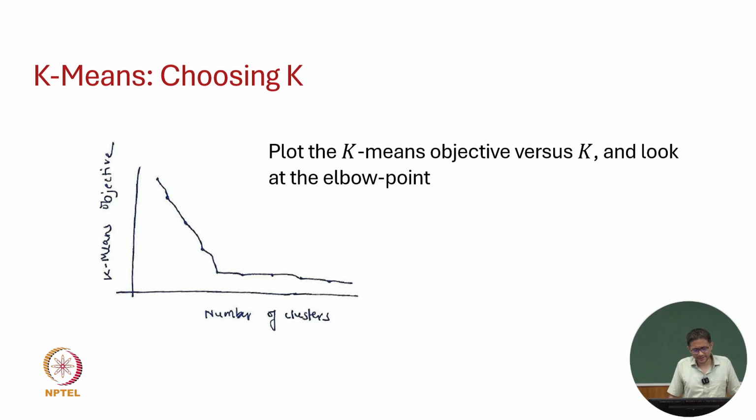One very popular approach is to plot the k-means objective versus K. You take different values of K, let's say K equal to 3, 4, 5, you vary the number of clusters, and accordingly you plot the k-means objective on the y-axis, and the plot that we'll see is something similar to this. At some point there is a sharp change, which we call the elbow point. Looking at this elbow point, we can decide the number of clusters.